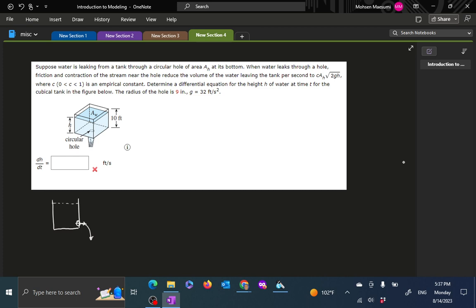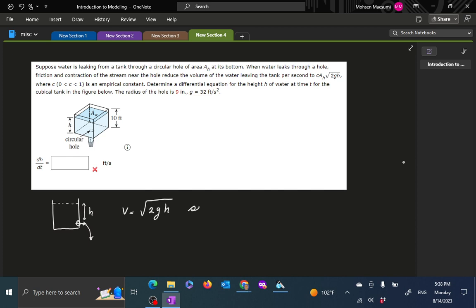Basic physics, or if you have done it in an experiment, is that depending on how high the water level is, let's call this h, the speed of the water that is coming out, let's call it the velocity of water, is the square root of 2 times the constant of gravity times the height of the water at that moment.